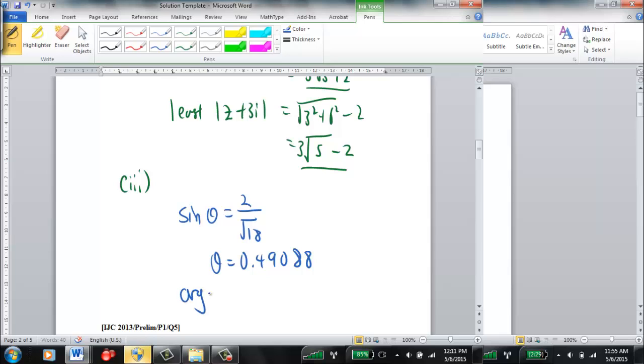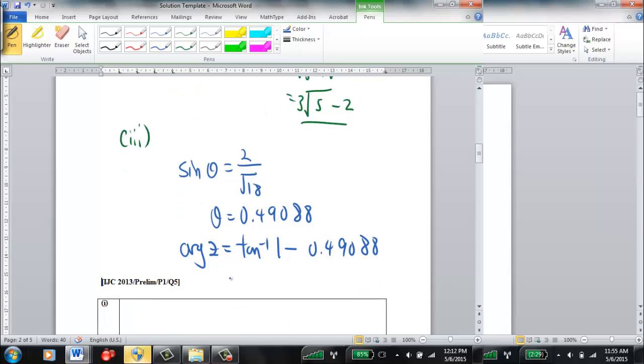So arg z is equal to tan inverse 1, as I mentioned just now, minus 0.49088, which is pi over 4 minus 0.49088, which is equal to 0.295 radians. That's the answer.